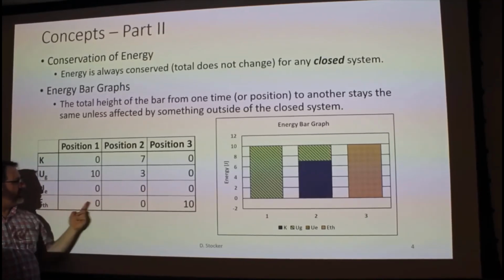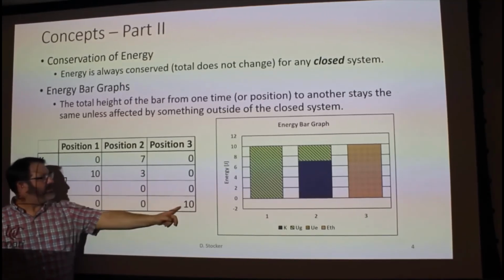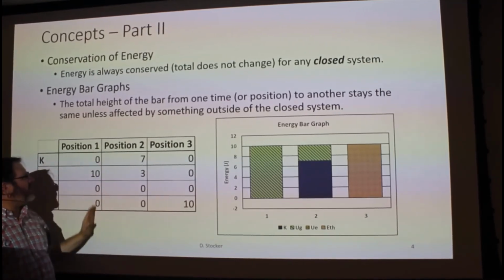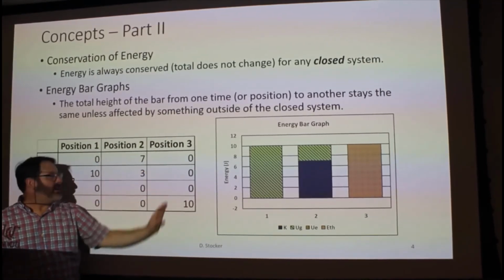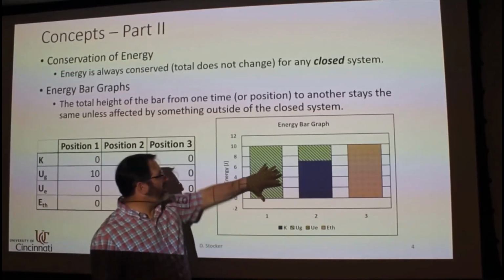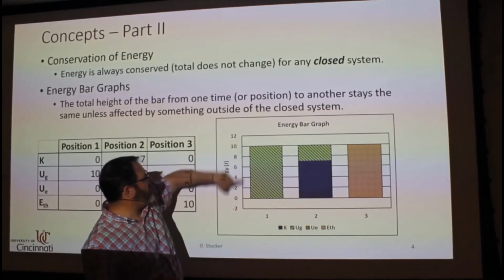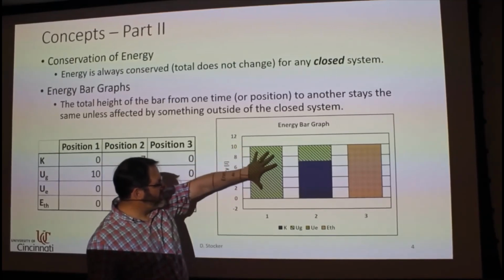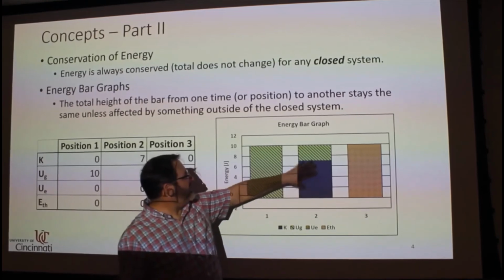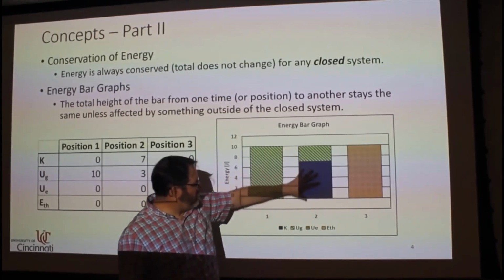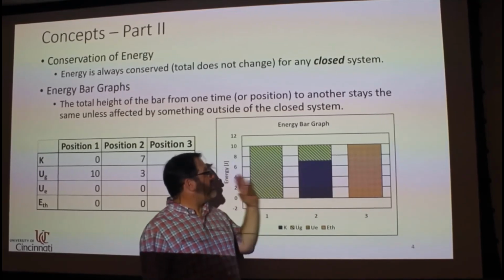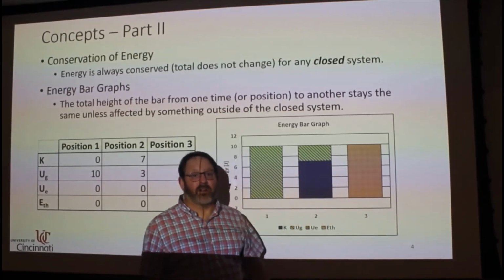And then thermal energy, 0, 0, and then has some value. If you add up all of these types of energy in every column, they add to 10 every time. And you can show it in an energy bar graph by having bars with a height of 10. Initially, all gravitational potential energy. Then here, some gravitational, but mostly kinetic. And then at the end, it's all thermal. So that's a way of showing it in a bar graph form.